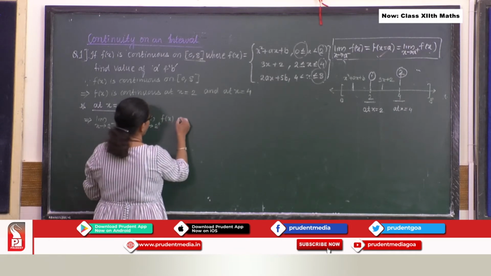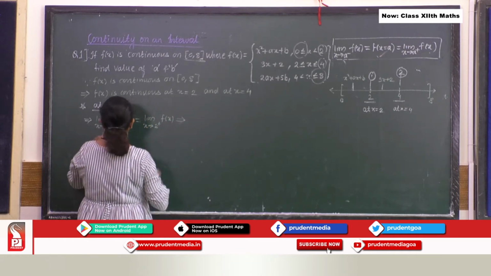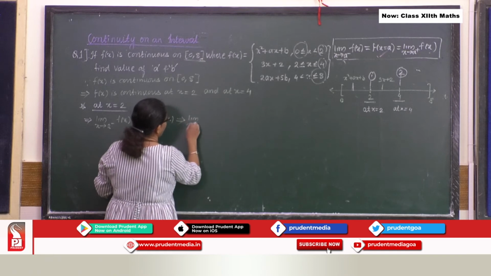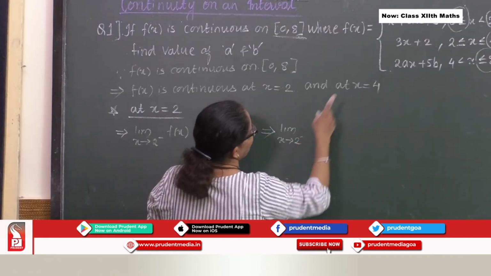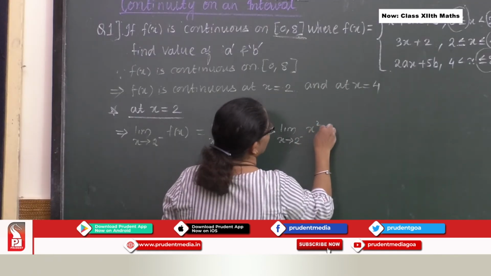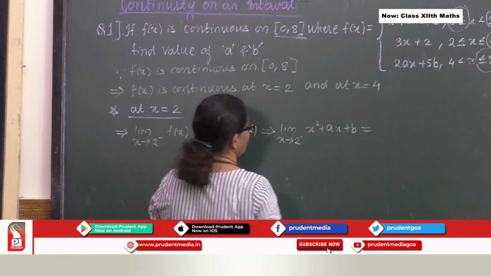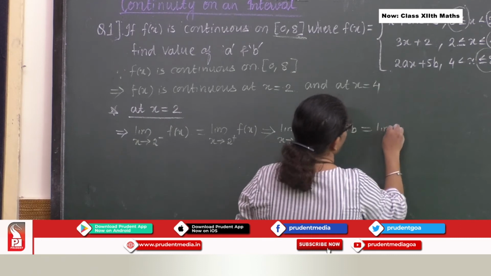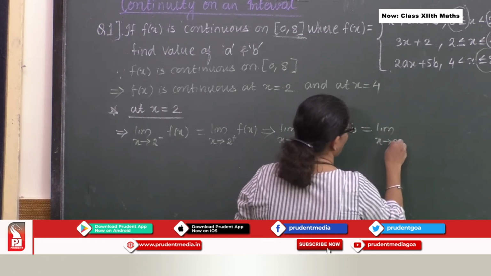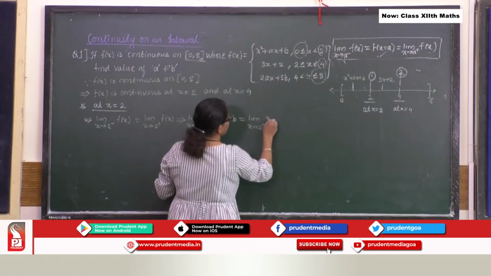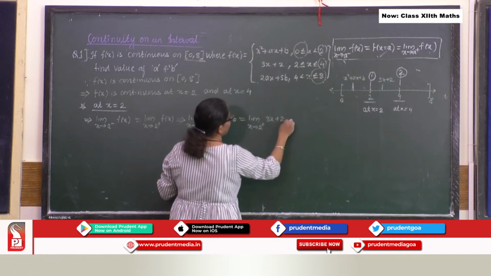Which implies limit x tends to 2 minus x square plus ax plus b equals limit x tends to 2 plus 3x plus 2.